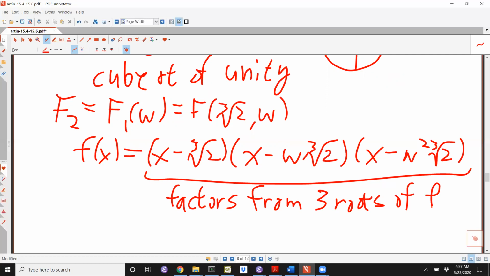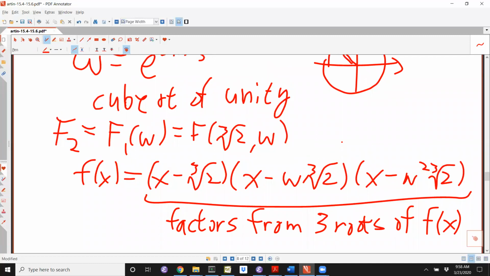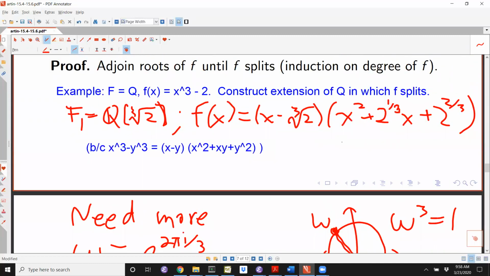One nice thing about cube roots, or an nth root in general, is that you can always find n possible roots by taking the one you thought of first and then multiplying by one of these roots of unity. Those roots of unity, when you take their nth powers, become 1, and that's how you get all possible roots of a polynomial of the form x to the n minus d.